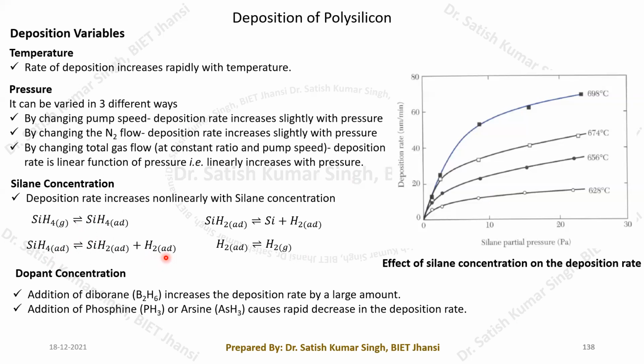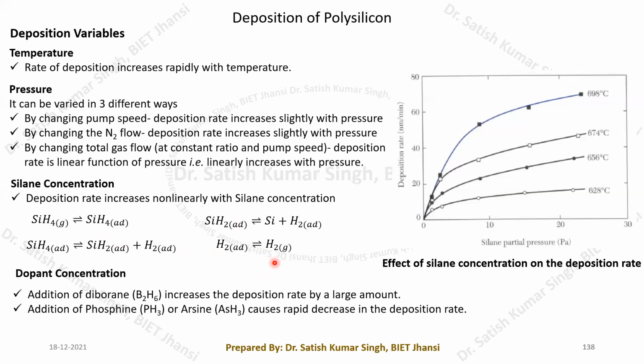And later on, this adsorbed SiH2 is going to deposit the silicon layer, and the hydrogen gas in the adsorbed form will later be liberated in the gaseous form. All these steps take a different reaction time, and therefore generally it is not a linear function of your concentration.